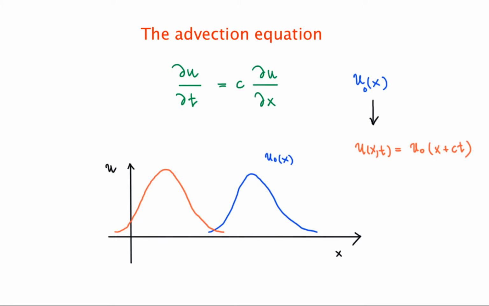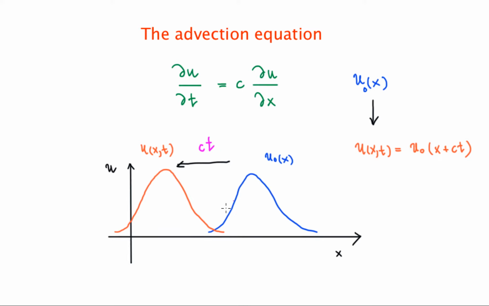The only thing is that the u function evaluated at any time as a function of x is basically displaced by c times t. So the displacement at any time will be c, which is this constant, times t.